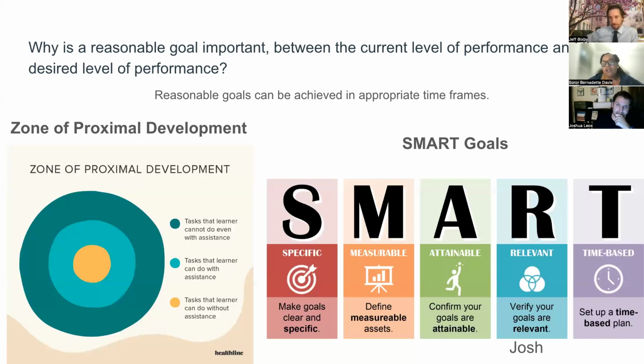So for me, these two words, attainable and relevant, were kind of driving this process.